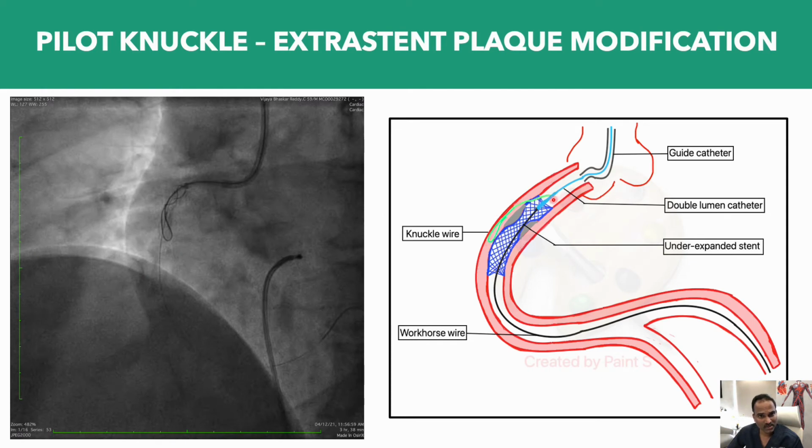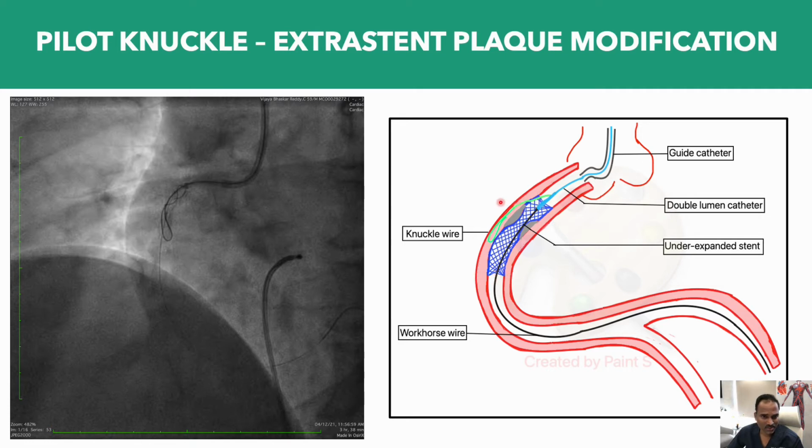Now this is a double lumen catheter, this is a pilot wire, which we have sent just before the under expansion into the extra stent space, and then we advance the knuckle beyond the distal extent of under expansion, and this knuckle shouldn't cross the distal edge of the stent.